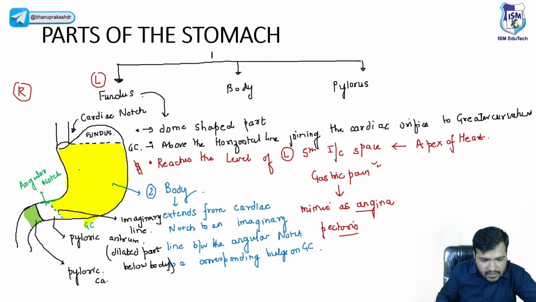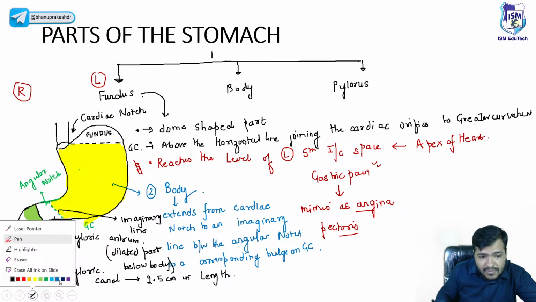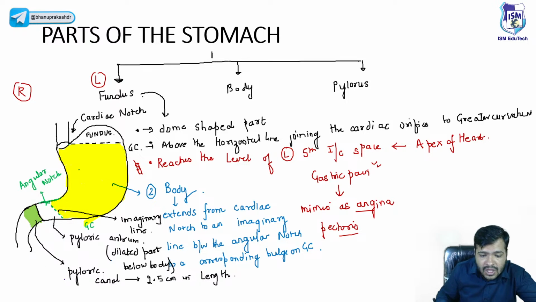Remember, beta, this pyloric canal is 2.5 centimeter in length. And in the distal end of the stomach, you will get a circular muscle region, and that is called the pyloric sphincter.